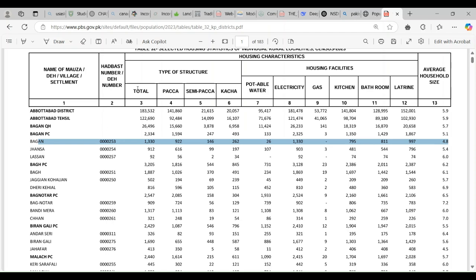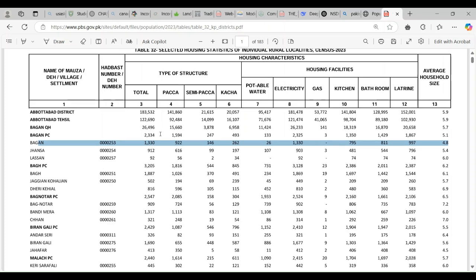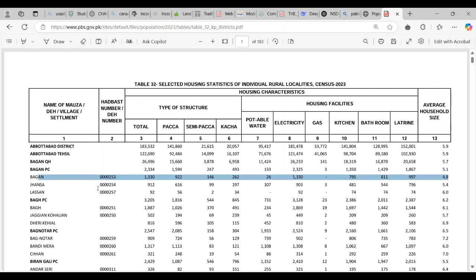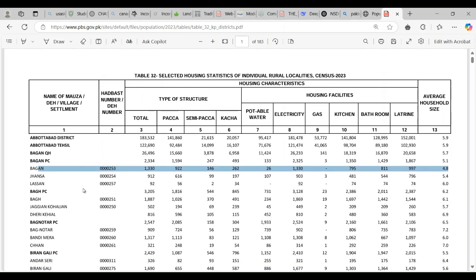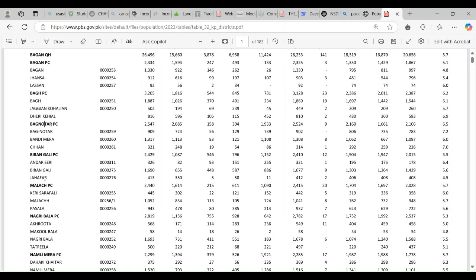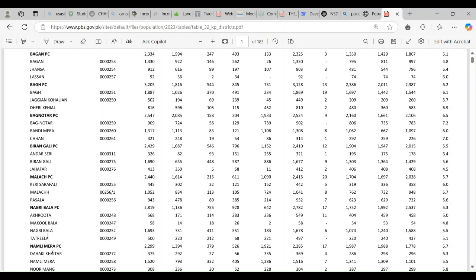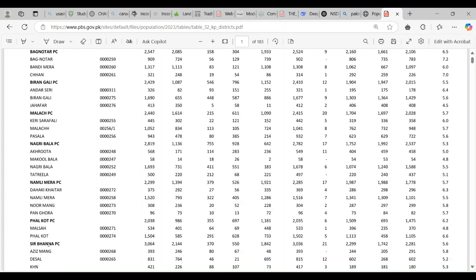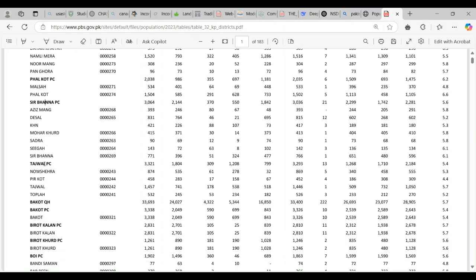This row is actually the lowest level of data which we need to see on the map as well. It gives you the total housing information, and a similar kind of table is also available for the total population. I will show you the table where you get this information. So first let's try to read it. Within this Kanungo Halka we have PC 1, 2, 3, 4, 5, 6, 7, then 8, 9, and finally 10, and then the Kanungo Halka number changes.